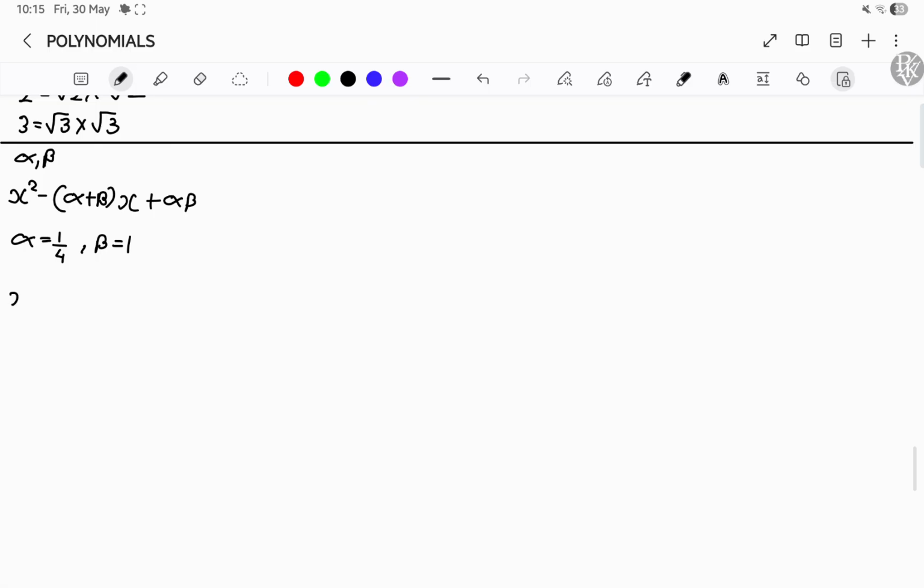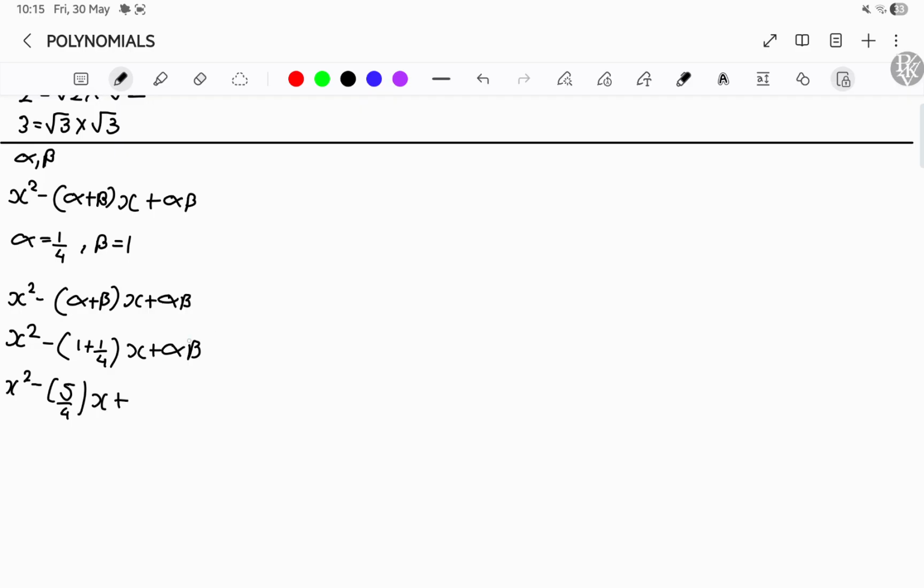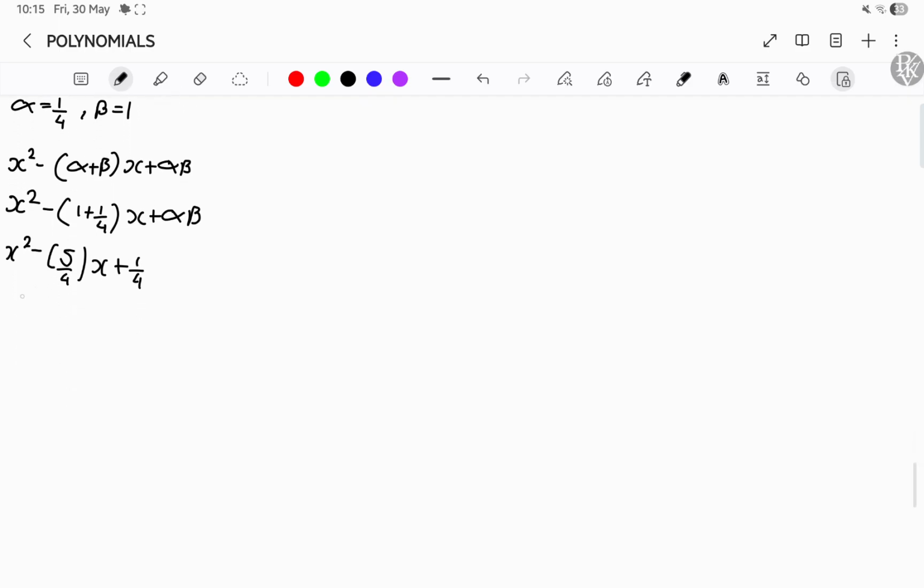So what you do? You do x square minus (alpha plus beta) x plus alpha beta, x square minus (1 plus 1 by 4) x plus alpha beta. 1 plus 1 by 4 will be 5 by 4. You can check. Plus alpha beta, 1 into 1 by 4, that will be 1 by 4. So x square minus 5 by 4 x plus 1 by 4.